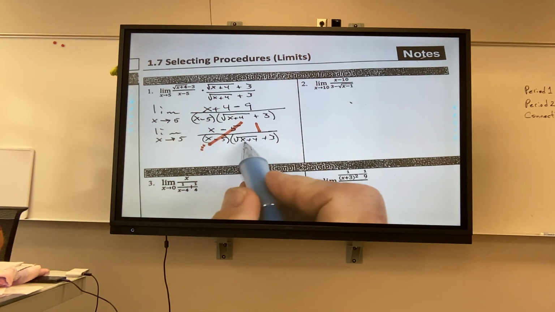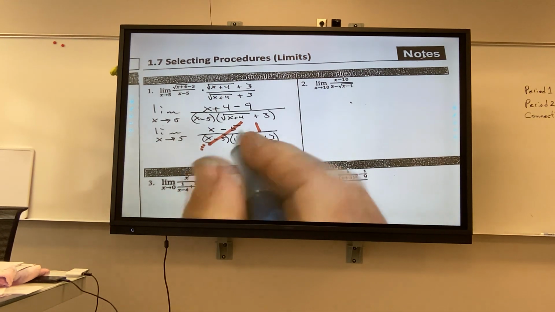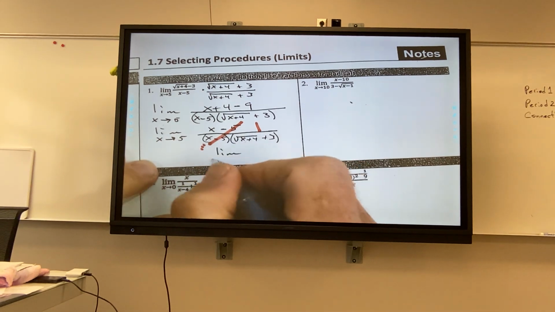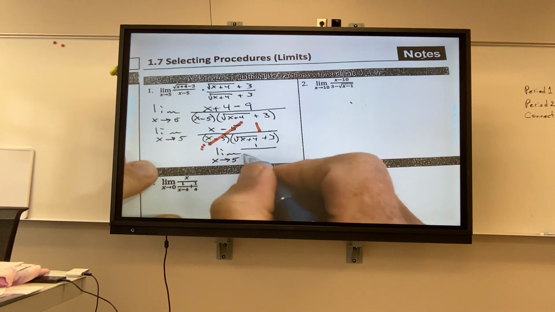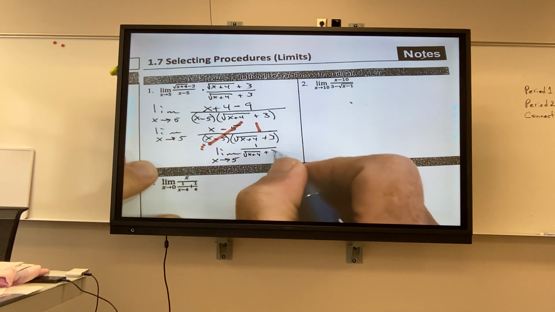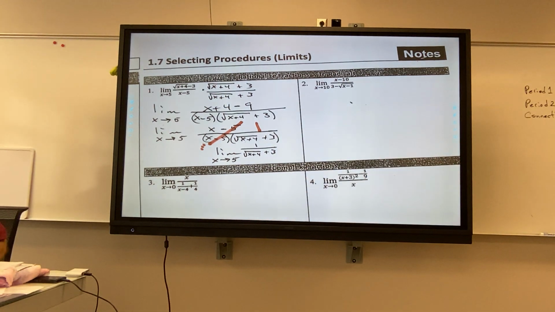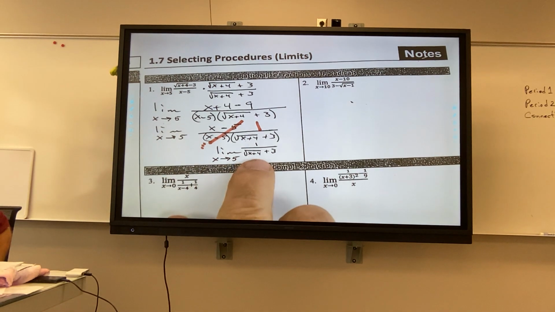This x minus 5 is gone. I now take the limit as x approaches 5 of 1 over the square root of x plus 4, plus 3. The whole purpose was to get rid of that x minus 5. Can I put 5 into here?